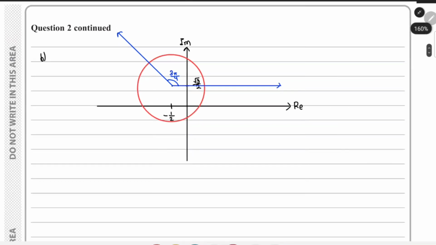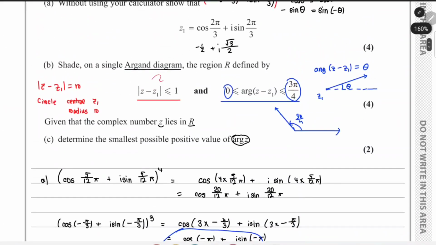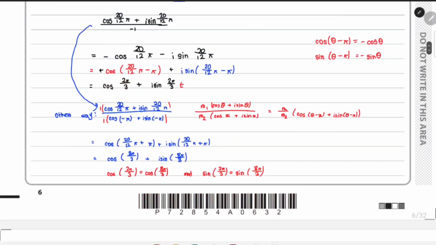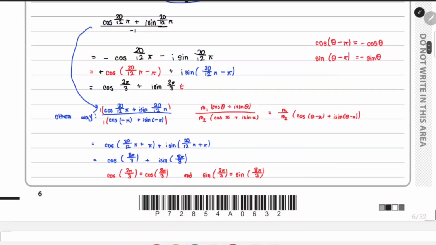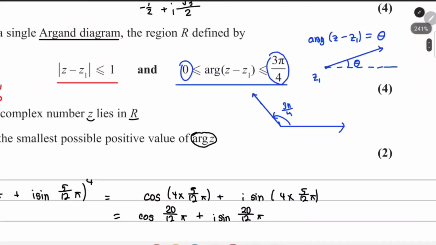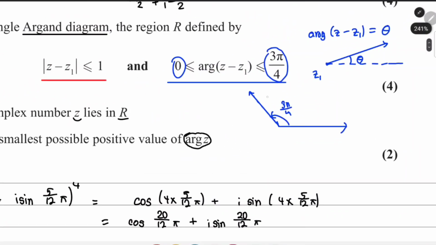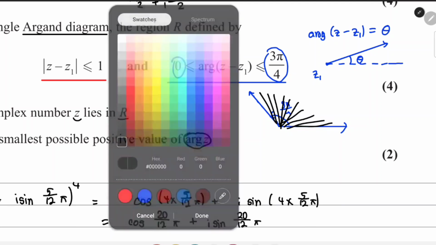And now for the shaded area, I want to shade inside the circle because this is less than. So I want anything less than the radius. So it's everything inside the circle. And for this, I want the angle to be between 3 pi by 4 and 0. So I can be anywhere in between. So these are the possible places I can be.